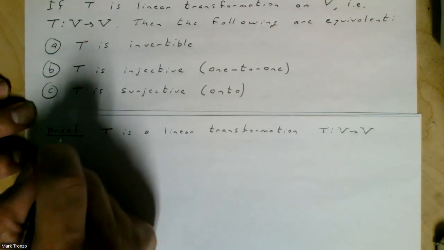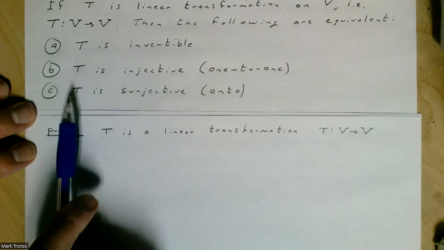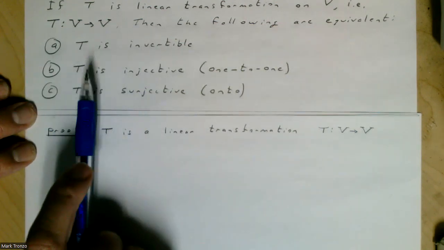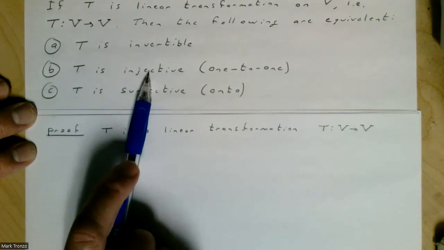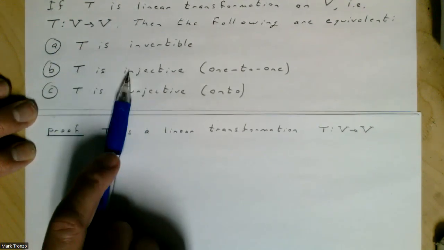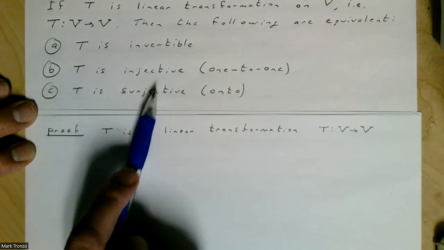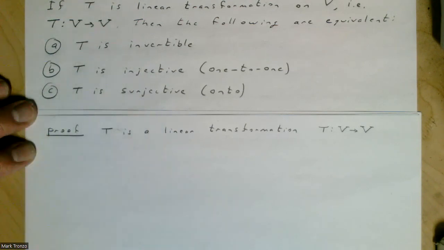Now, we already know something. So mainly what we have to show here is that if T is invertible, then it's injective. If something's injective, then it's surjective. If it's surjective, it's injective. If it's surjective, it's invertible. We have to show all these combinations go in both directions.